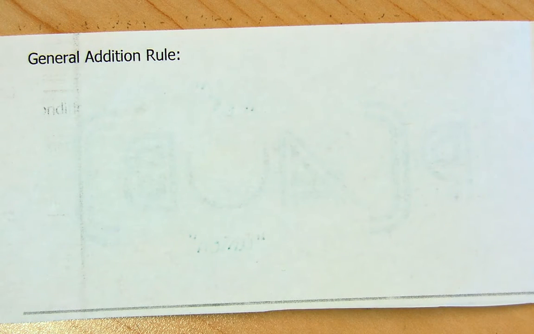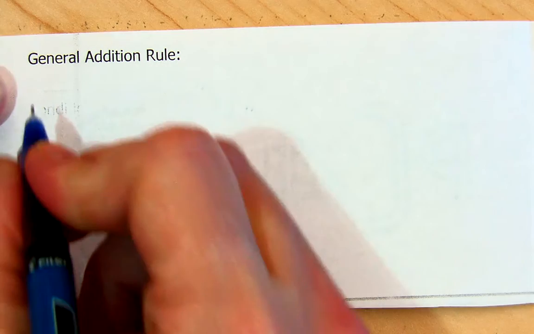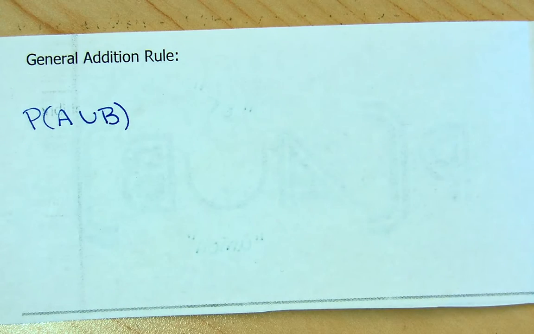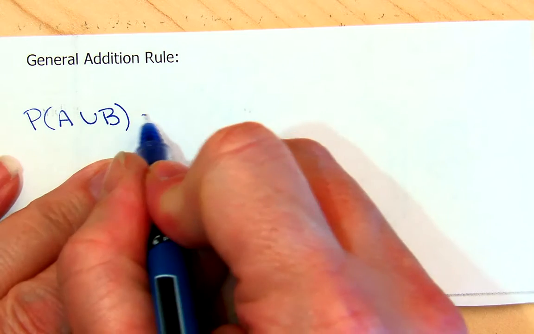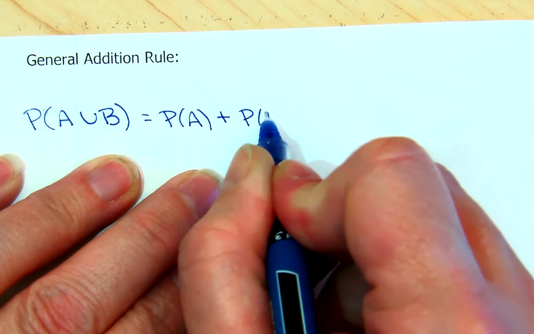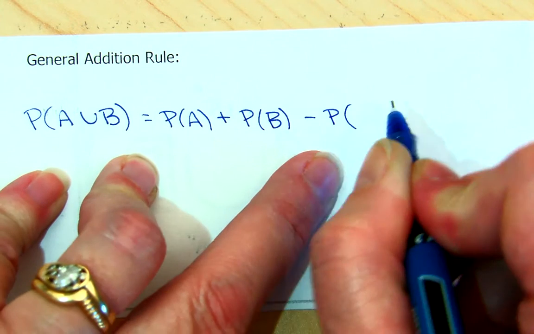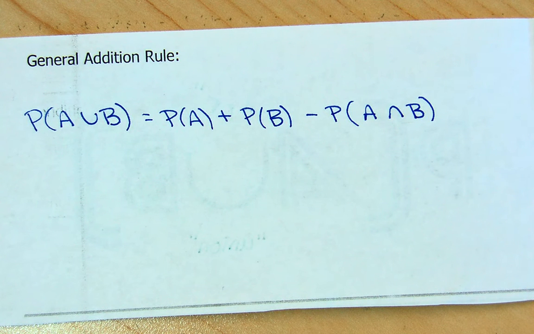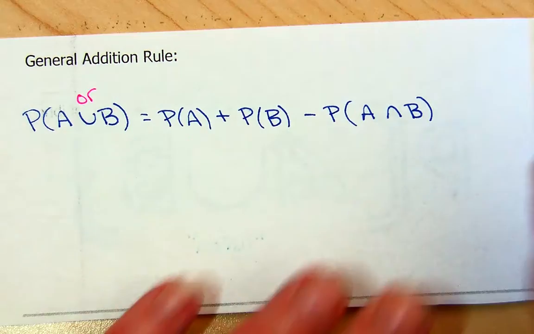Okay, so on the inside, we have our general addition rule. So, to calculate the probability of A or B, we do probability of A plus the probability of B minus the probability of A and B. So this is OR, this is AND.